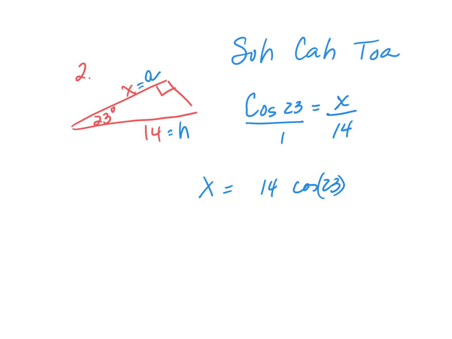And you should get your answer. 14 cosine of 23 is 12.89. Everybody get that? Does that make sense? It's a little bit smaller than the 14, which is good because the 14's got to be the biggest guy.